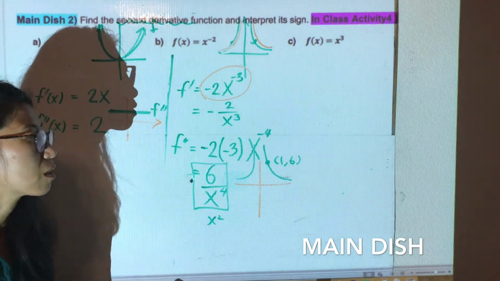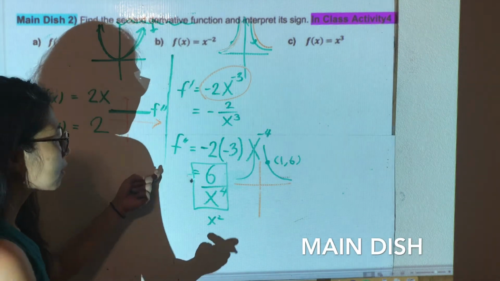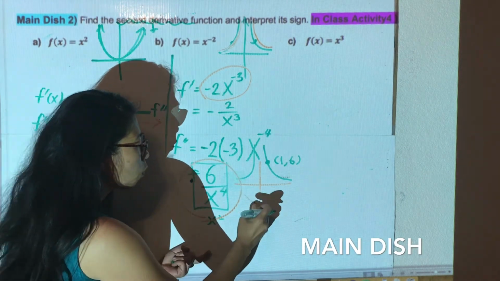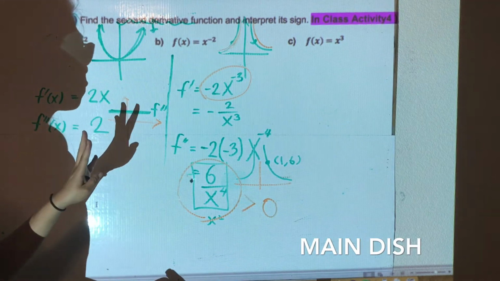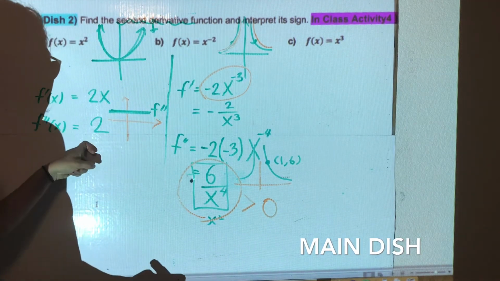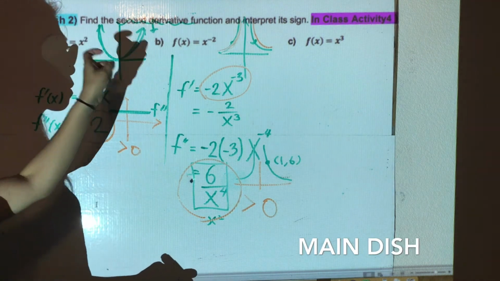That's what they're talking about. So what is the sign? The whole time, do you see that my sign is positive? That means all my graph will be concave up. Look at here, do you see that this number is already positive? So it's going to be concave up.